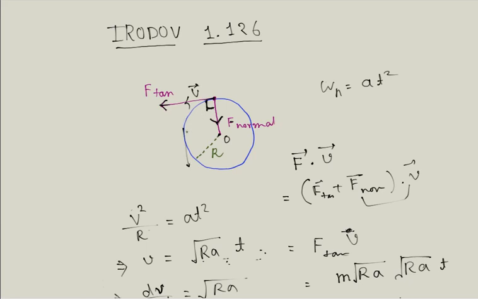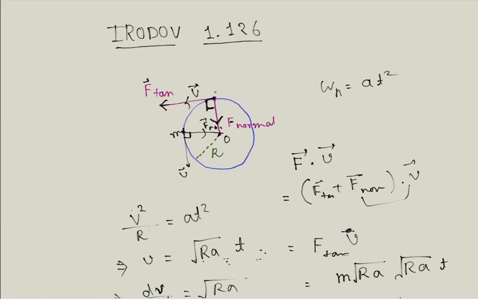So it does no work on the particle, so only the tangential force is responsible for doing work on the particle. And another thing is that at each point the tangential force and the velocity vectors are parallel to each other. And the tangential force is responsible for change of the velocity and for increase in length, or the distance covered.